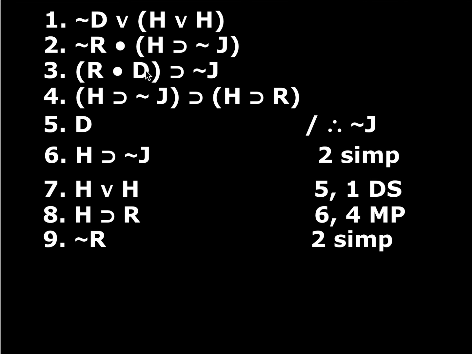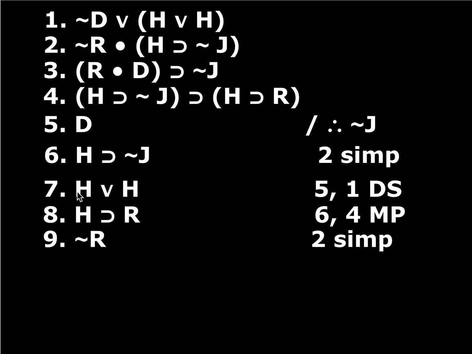If I could get R and D, well, I've got D here, but how could I get R? Well, if I could get H, I could get R, and then I could do conjunction to get R and D, and then I could get not J by modus ponens. How can I get H? Also, notice if I could get H, I could just get not J directly by modus ponens here. So I'm thinking, how could I get H?